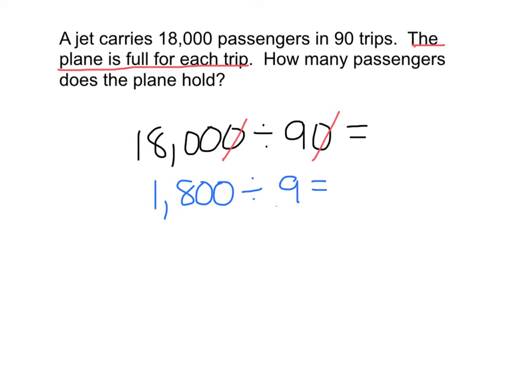In knowing that, I know that 18 divided by 9 is 2. And then I'm going to remember that I have my 2 zeros that I can't just forget about. So I have to bring both of those over. So 1,800 divided by 9 equals 200.